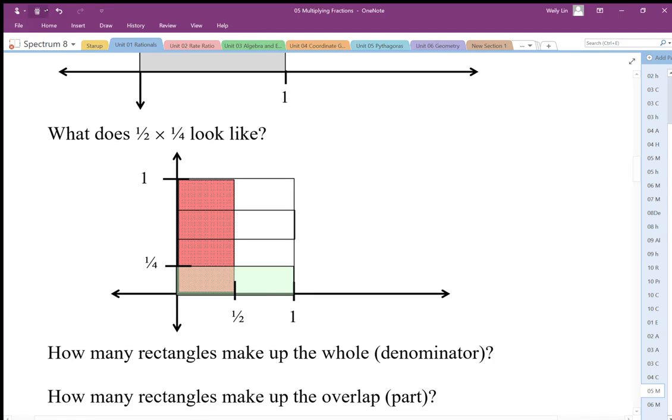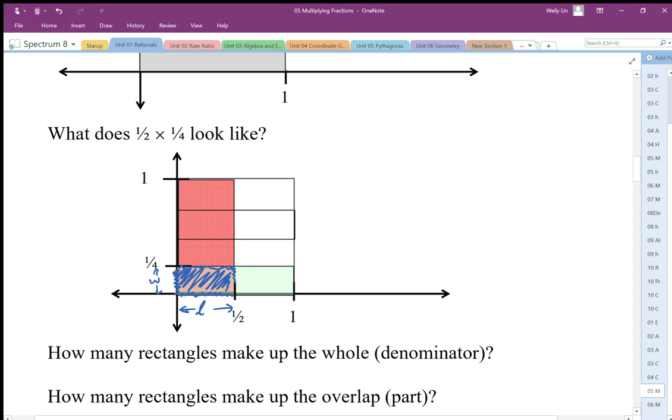Again, it's really important to understand that we're using the length here as 1/4 and the length here as 1/2. So the area, my answer to this fraction multiplication, must be this area in here. That area must be the answer to multiplication. There's my length this way, length 1/2, and my width 1/4 is going to give me an area of that little blue square.